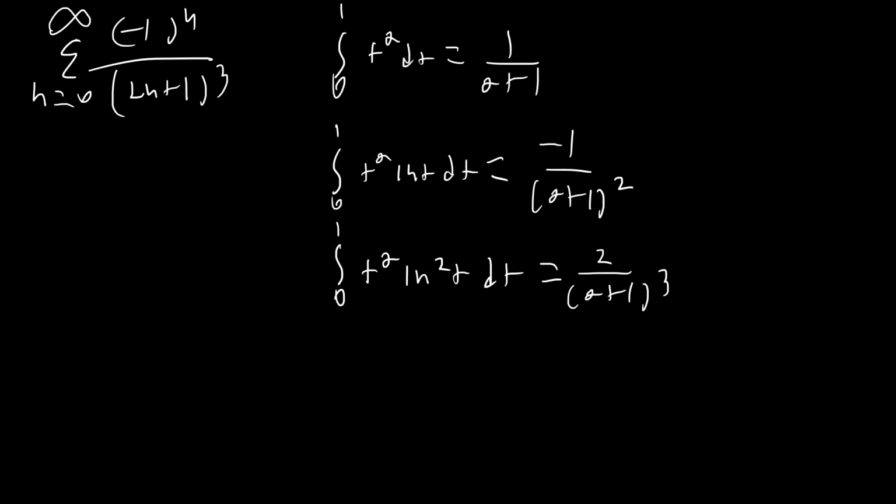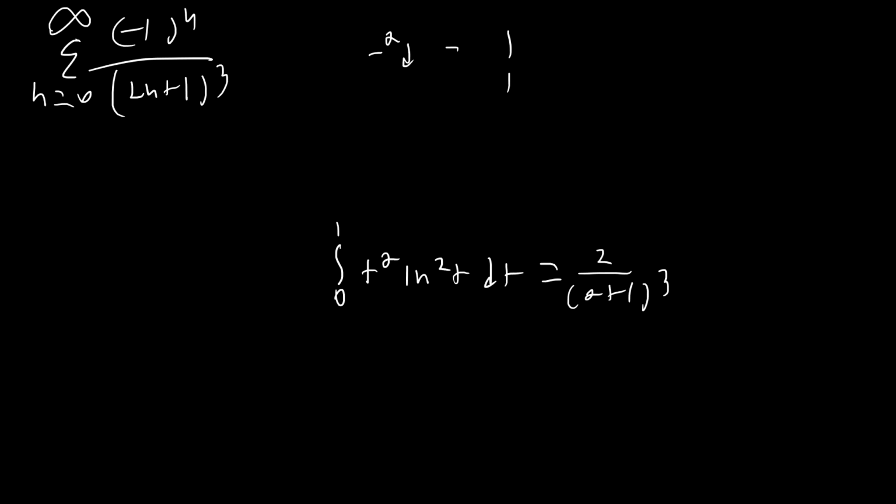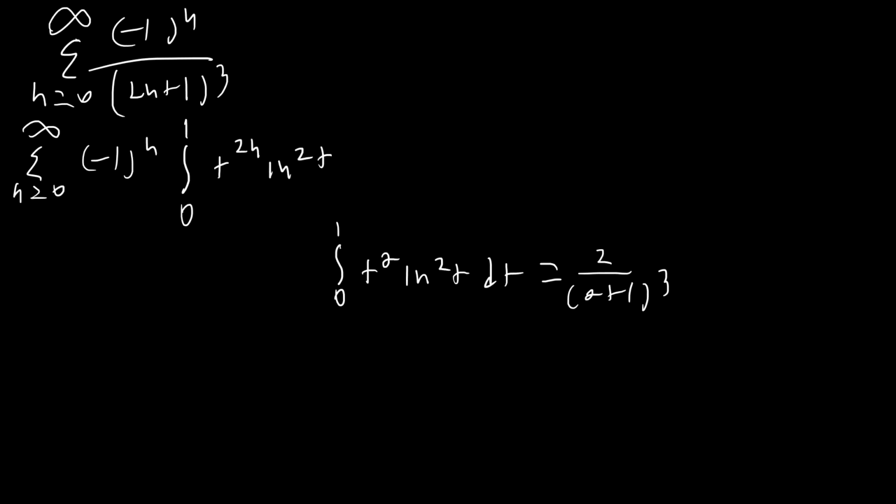So if we go ahead and substitute this in, we're going to get the sum from n equals 0 to infinity of negative 1 to the n, times the integral from 0 to 1 of t to the 2n ln squared t dt. All right.